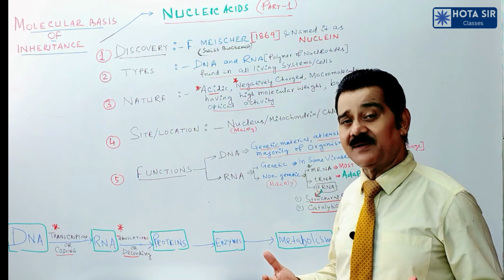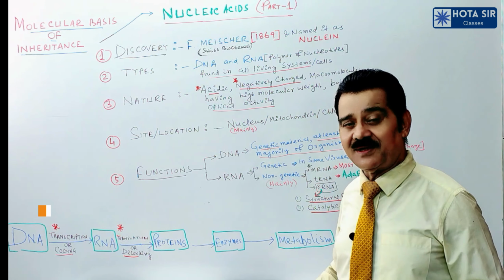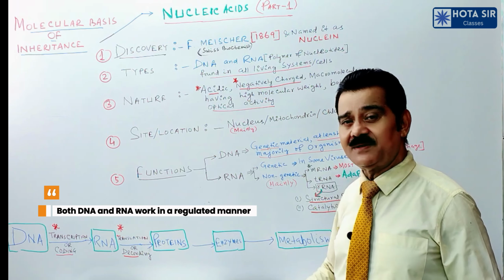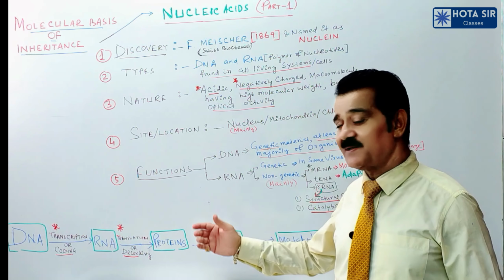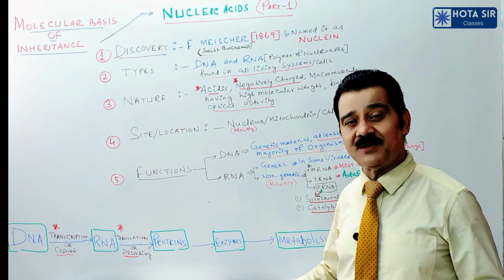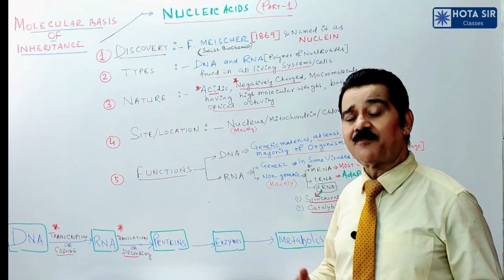So you can understand how DNA and RNA work in a regulated manner. DNA to RNA is called transcription, RNA to protein is called translation. Transcription is also called coding, and translation is also called decoding. These two terms will come across in our upcoming chapters of protein synthesis.